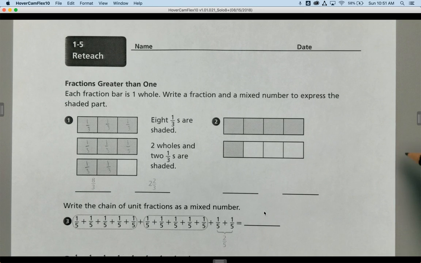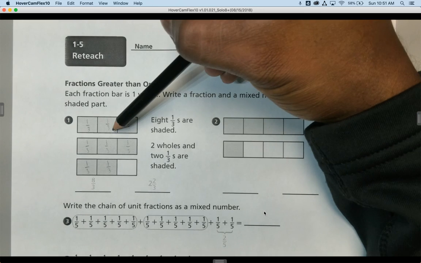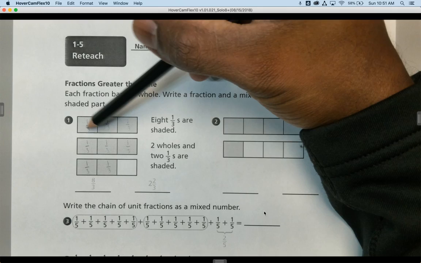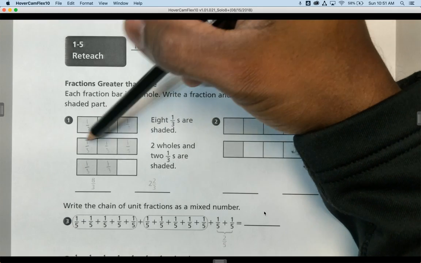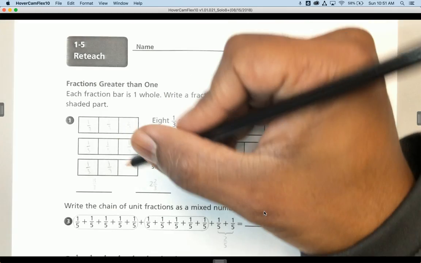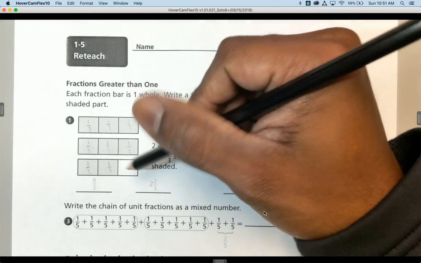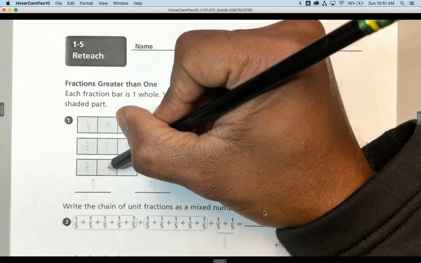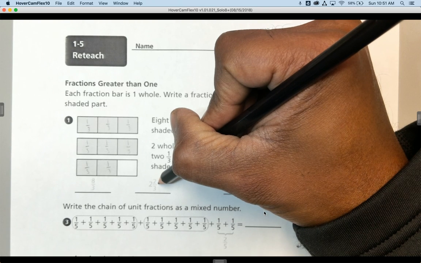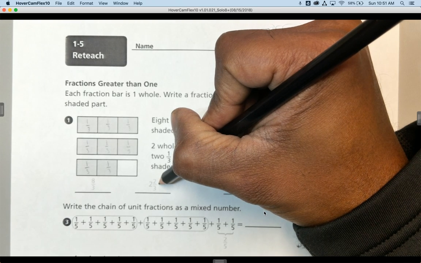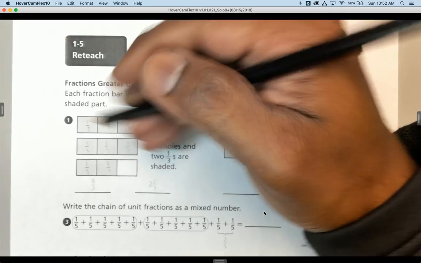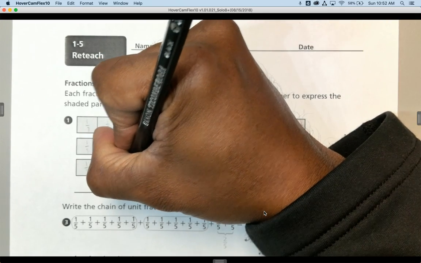And I can see with the visual model that, okay, well, this group makes a whole. This group also makes a whole, which is how I got whole number 2 here. And then I've got 1/3 and 1/3, or 2/3, left over on its own that does not make a whole. So 8/3 is equal to 2 2/3.